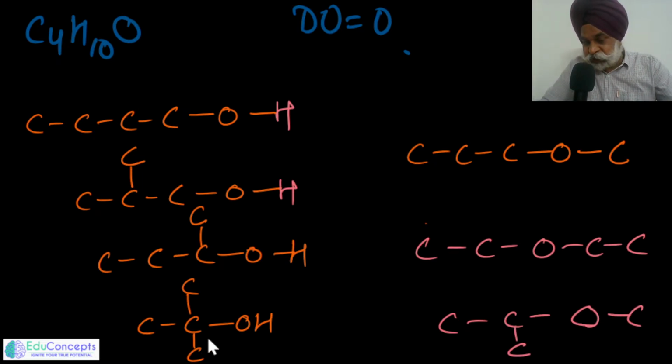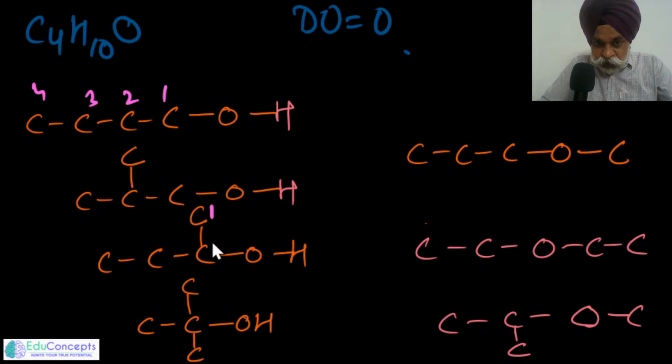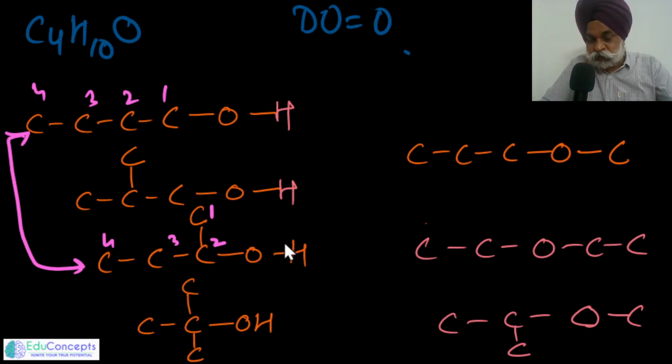All of these 7 isomers which we have generated would later be called structural isomers, and sooner or later we will classify them into different categories. If I say this is the longest carbon chain, 1, 2, 3, 4, then later I will say these 2 are position isomers, because the position of the functional group changed.